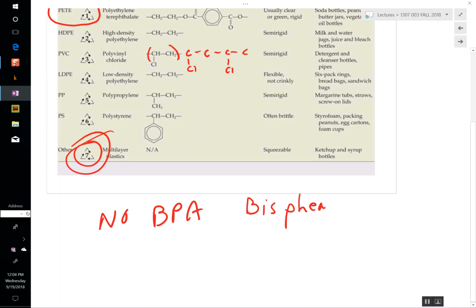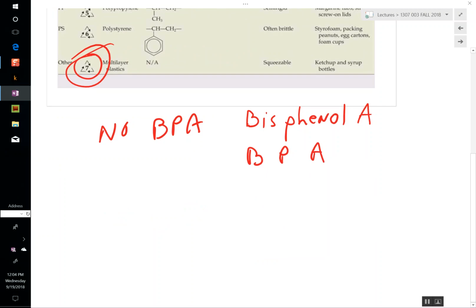We'll come to phenol in chapter 12 very soon. Bisphenol A. BPA. That's what BPA stands for. It's an alcohol? It was. I'm not sure I could draw that right away, but it's two phenols, which are alcohols, but they've condensed on each other, so you end up with a carbon in between them.